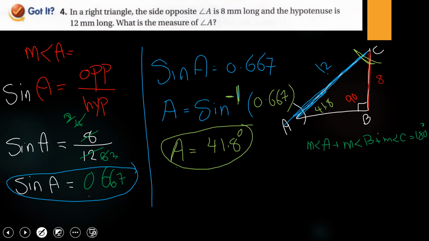Now the measure of angle A is 41.8. What is the measure of angle B? 90. Plus the measure of angle C equals 180.